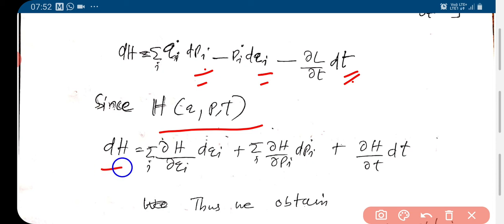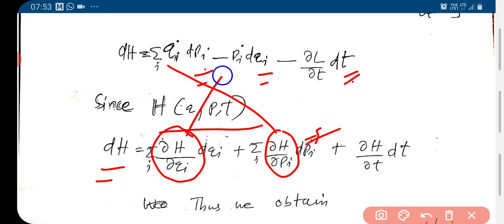We can write dH as equal to sigma i of ∂H/∂qi dqi plus ∂H/∂pi dpi plus ∂H/∂t dt. So as we compare, we have here dpi, so ∂H/∂pi is qi dot. ∂H/∂qi is minus pi dot, and ∂H/∂t is minus ∂L/∂t.